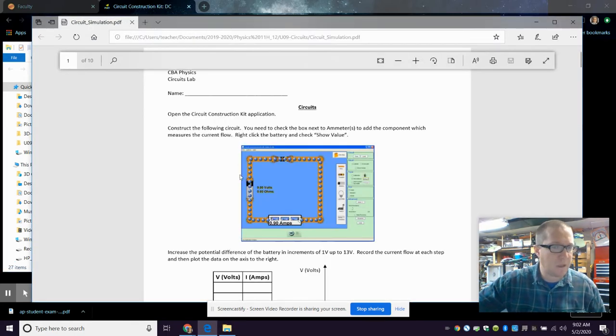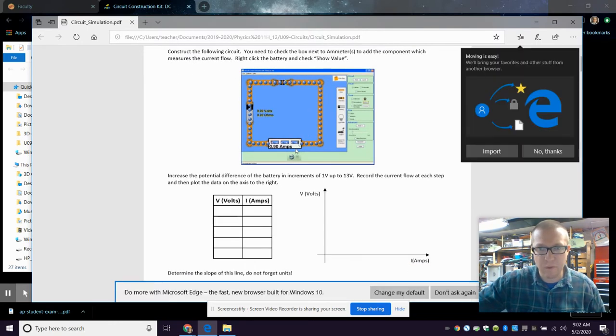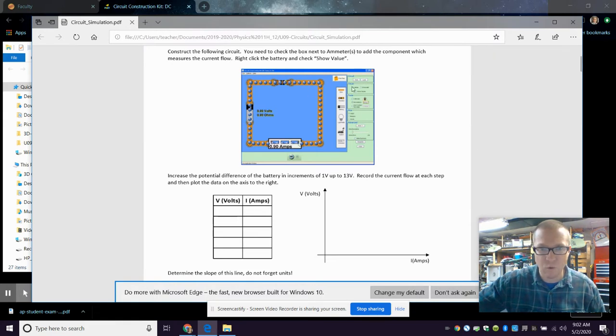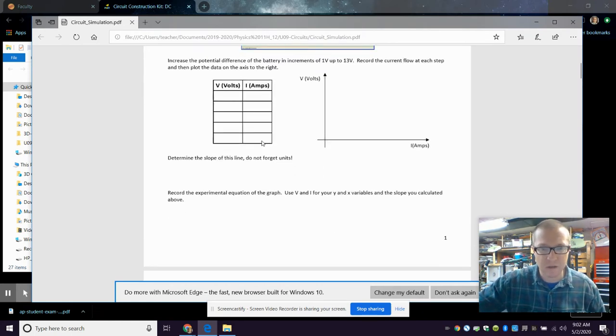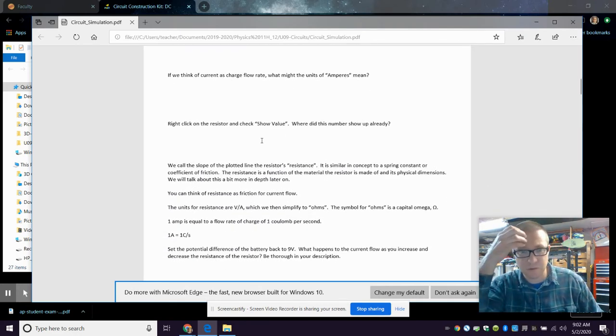I made the PDF file back in the day, and it has an older version of this simulation in the little pictures, but it's the same idea.